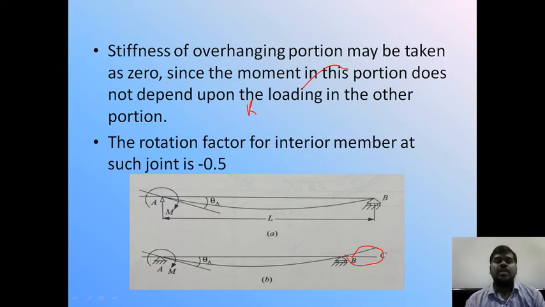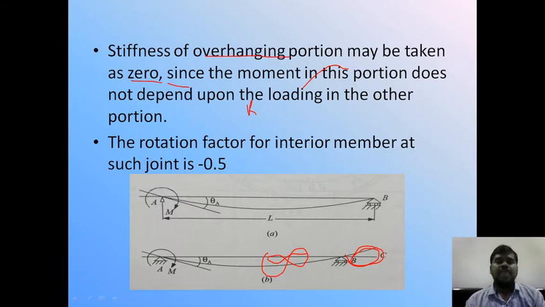Since the moment in this portion doesn't depend upon the loading in the other portions. If BC has some moment, it does not depend on the load in the other portions. So stiffness is taken as 0 only for the overhanging portion.